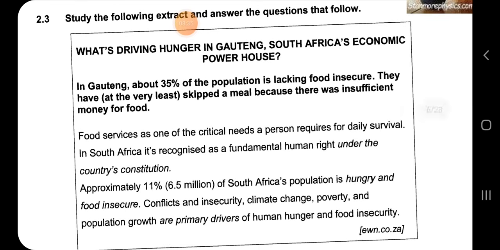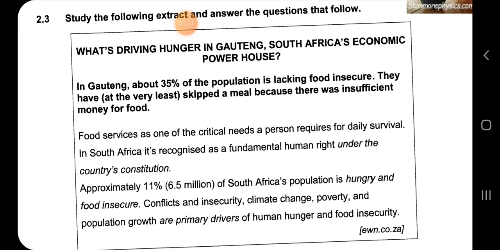So study the following extract and answer the questions that follow. What's driving hunger in Gauteng, South Africa's economic powerhouse? In Gauteng, about 35% of the population is lacking food security. They have, at the very least, skipped a meal because there was insufficient money for food.